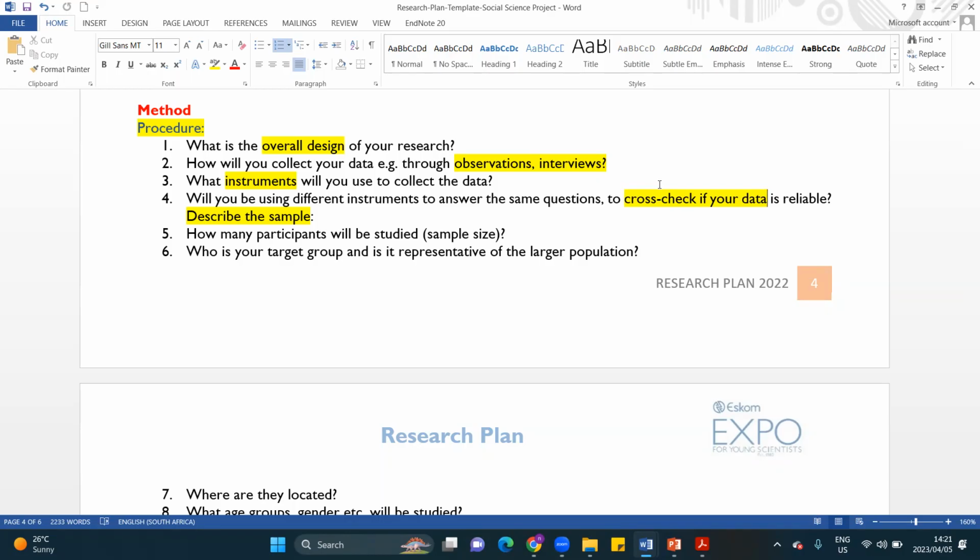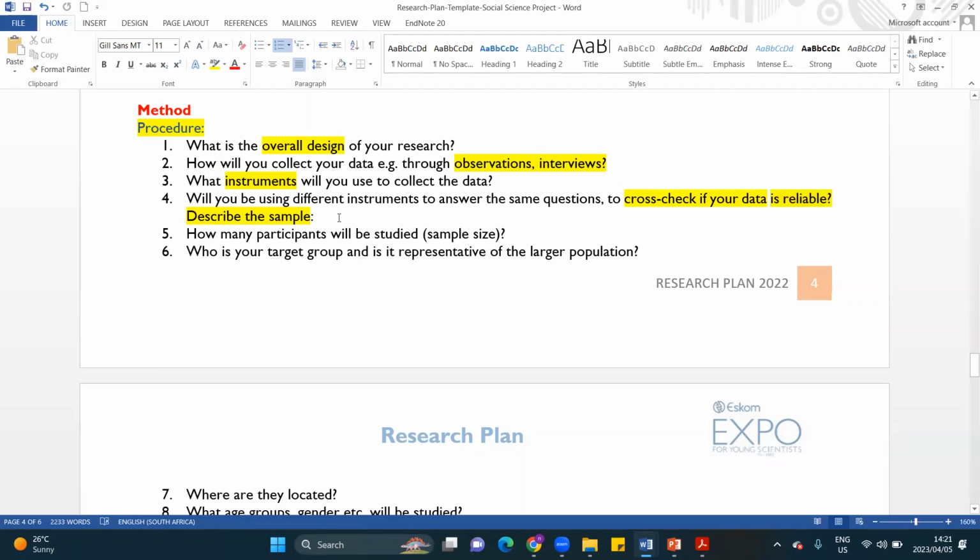So usually you need to have another method. So in most cases, we'll hand out questionnaires, and then we might do an interview with a small sample group. That in a way helps us to, we call that triangulation in social science projects. We try and triangulate the data to ensure that it is reliable. Reliable meaning that we can trust the data.